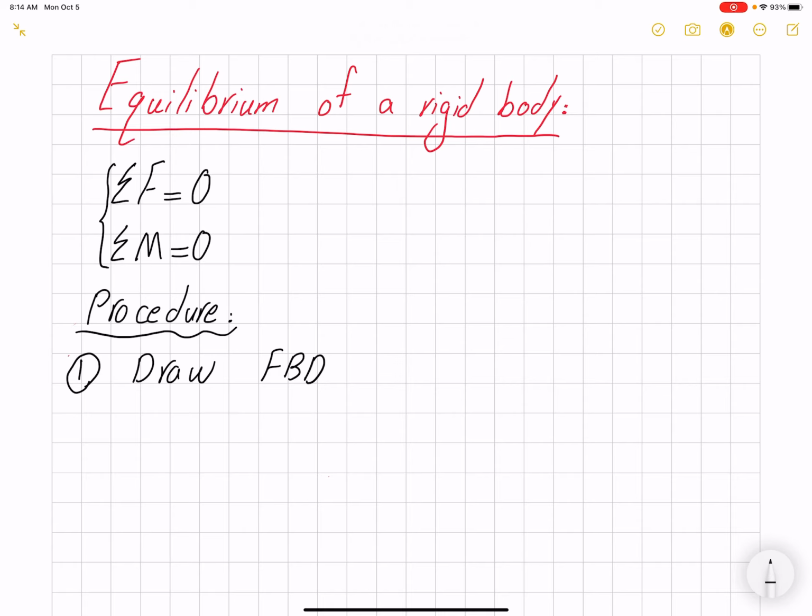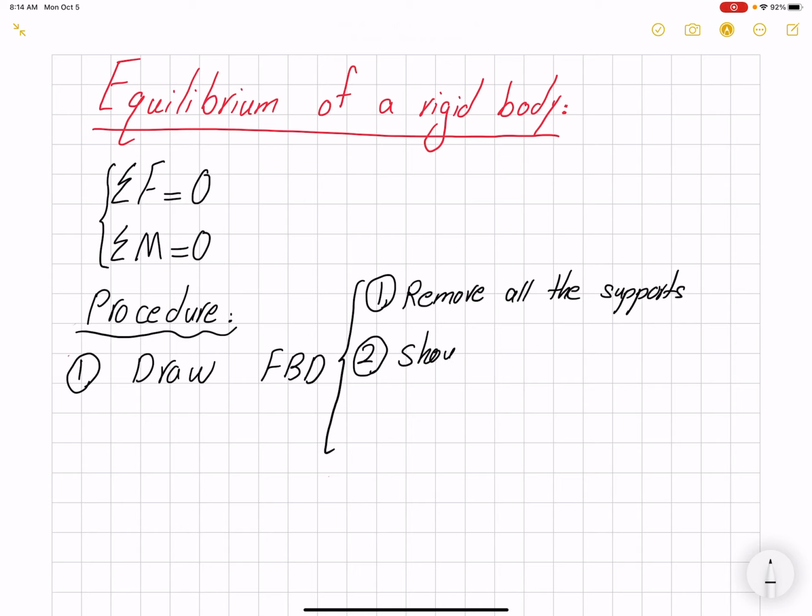To draw a free body diagram, we have to remove all the supports. When we are removing the supports, we have to include the loads that are being applied by the supports. Then we are going to show all the forces and moments acting on the body. Sometimes we group forces and moments and call them loading.